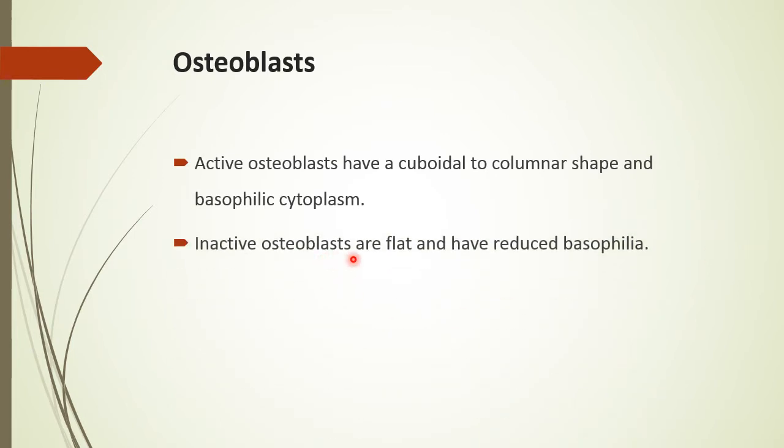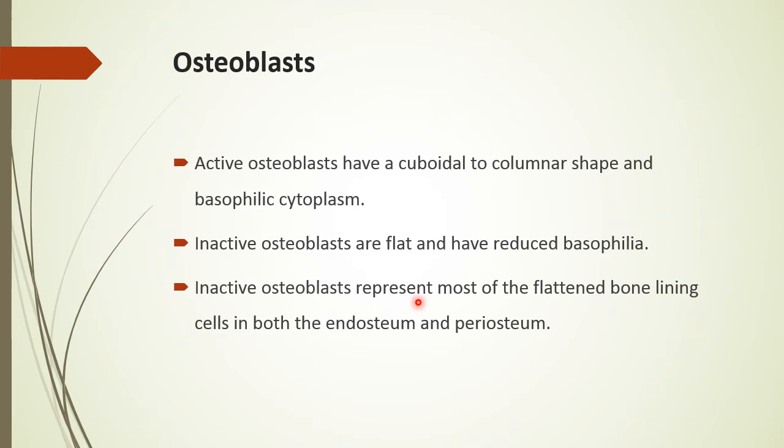The inactive osteoblasts are flat and have reduced basophilia. Once the synthesis of bony matrix is stopped or decreased, the osteoblasts become inactive and flatten, and the basophilia is reduced.